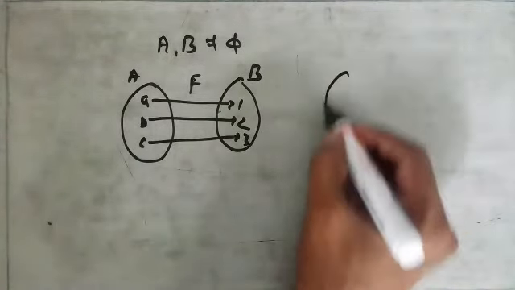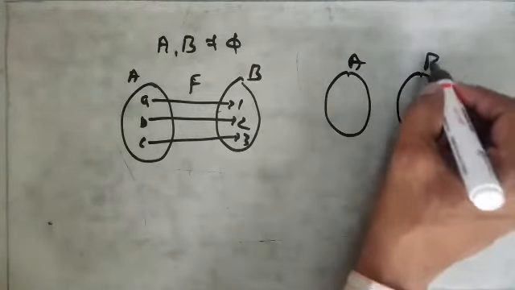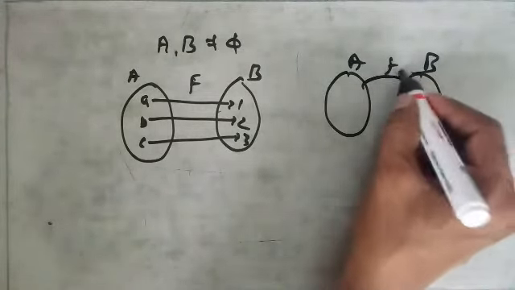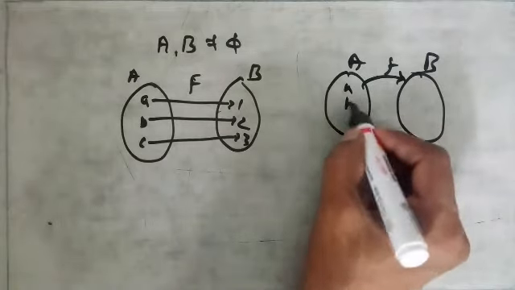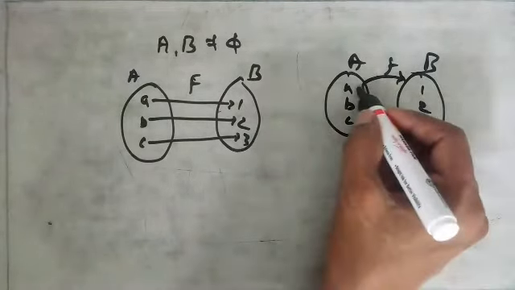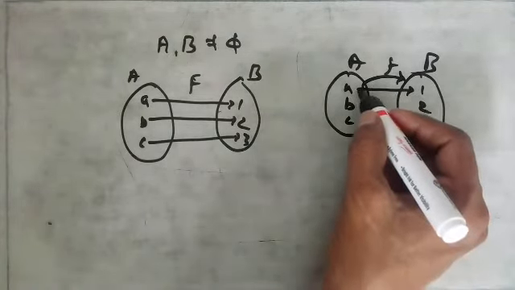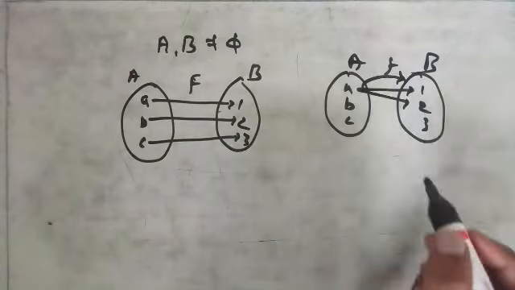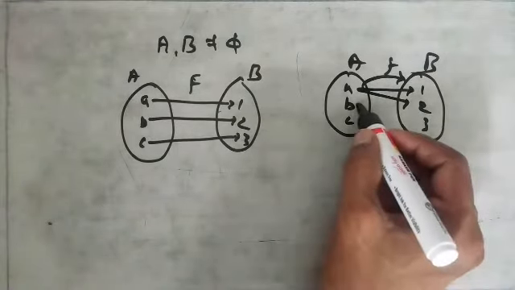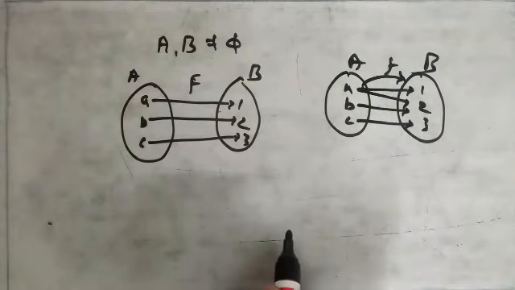If we take this relation from A to B, with A, B, C and 1, 2, 3, A related with 1, A related with 2, B with 2, and C with 3, then what do you say about this relation?